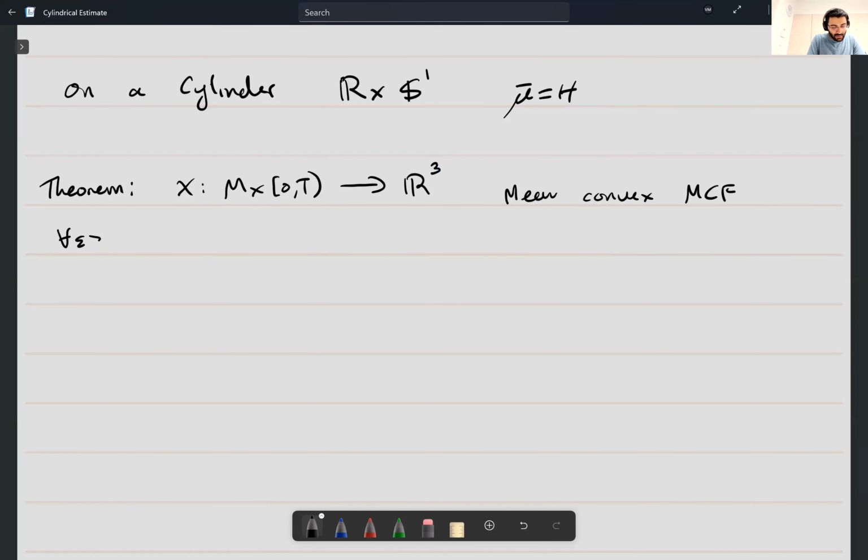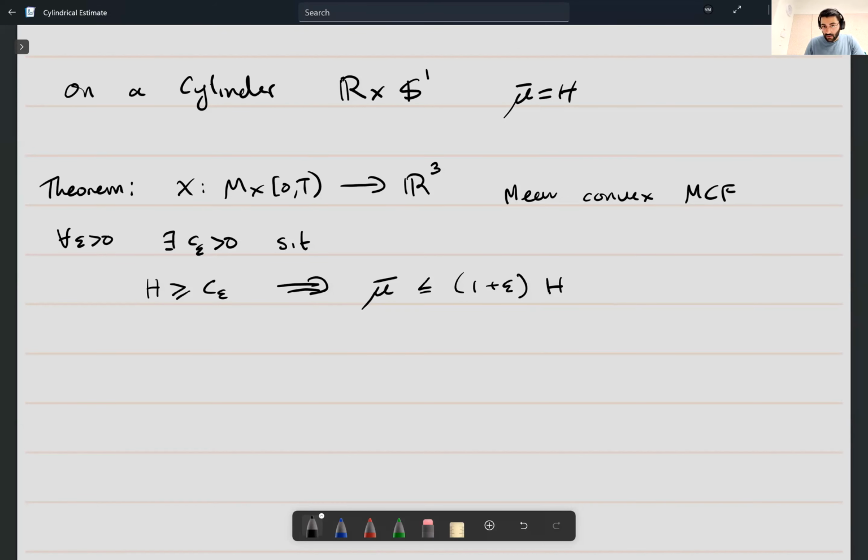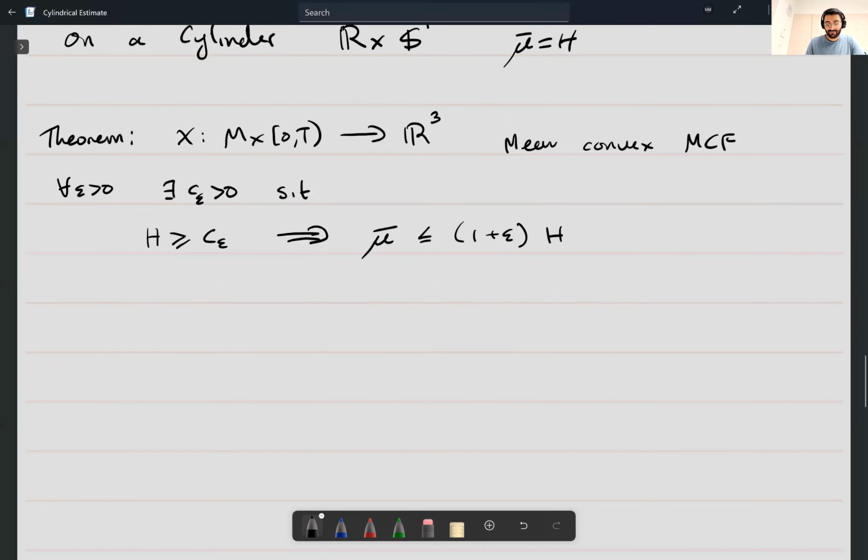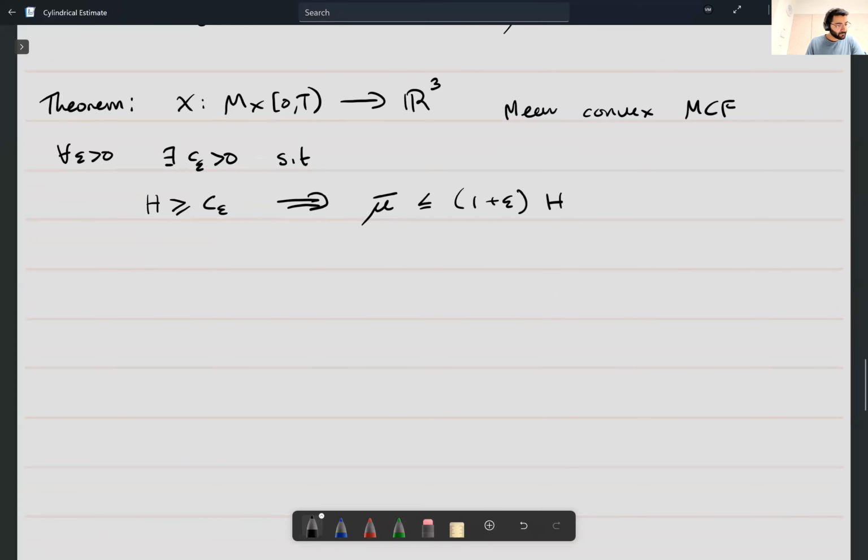Then for all epsilon greater than 0, there exists a C epsilon greater than 0 such that whenever h is greater than or equal to C epsilon, we get mu bar is less than or equal to (1 plus epsilon) h. So if I take a blow-up limit where h goes to infinity, using this theorem, I know that the inscribed radius of the limit is equal to h.